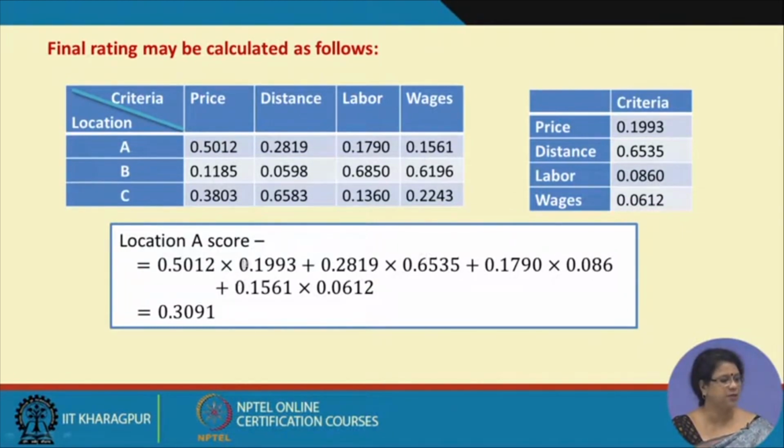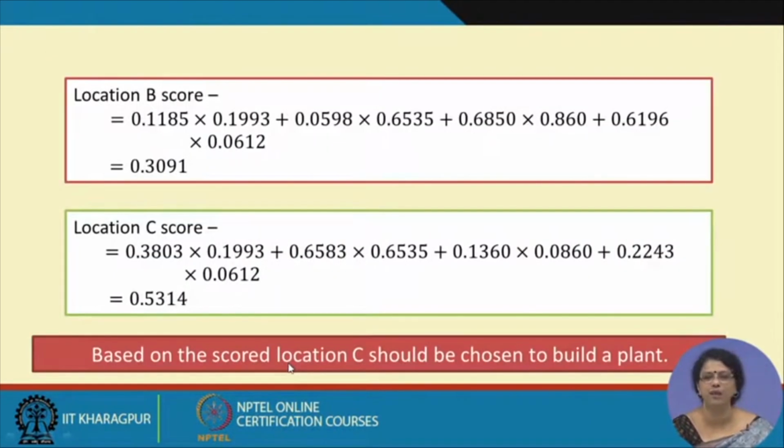If we just make this, the location A score comes to 0.3091, we can declare. Now, we do the calculation for B and C. What we could see is that location C is dominating, but what about location A and B? Both are at the same level, no one is better than the other, both are equally acceptable to us.